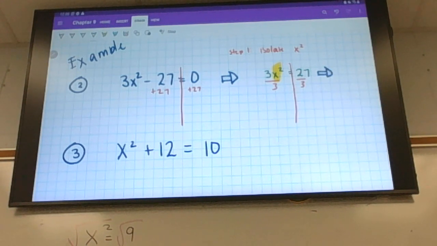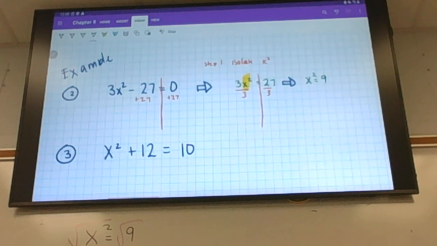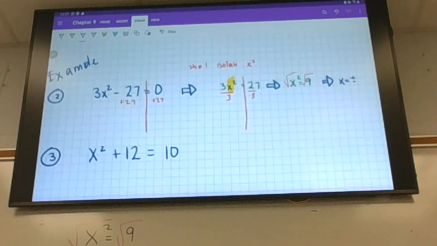Arrow over. And now x squared equals 9. So what is x? 3 or negative 3. The next step is to square root both sides. And x is plus and minus 3.